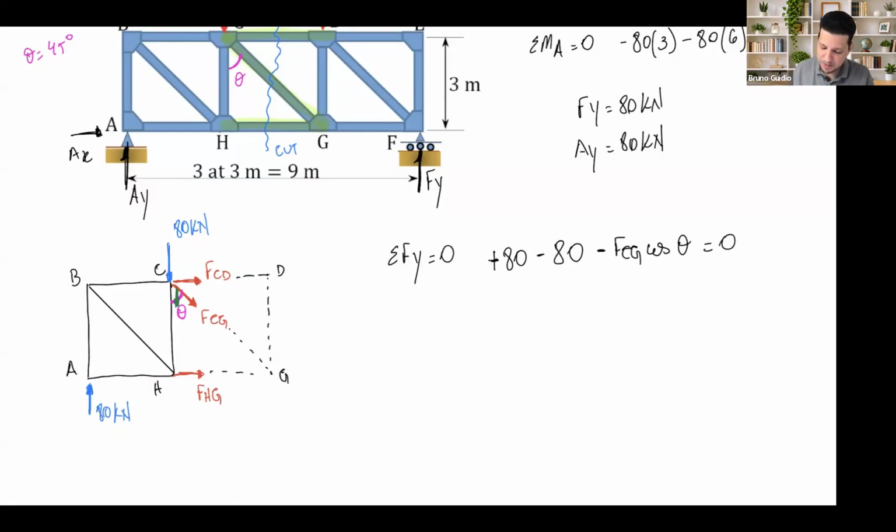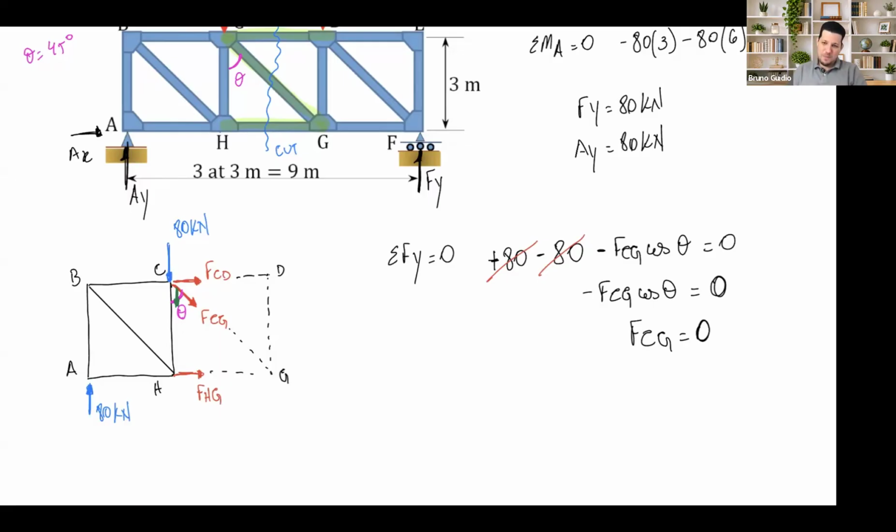Take a look what's going to happen. FCG cosine theta equal to 0. Those two cancel. FCG equals 0.